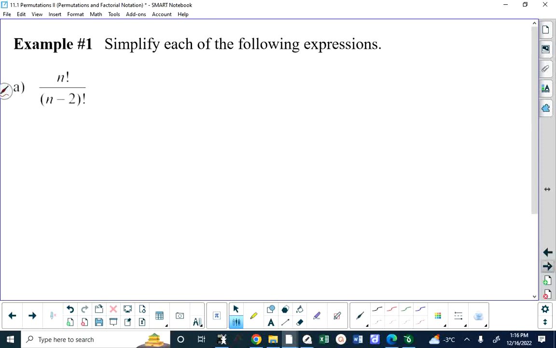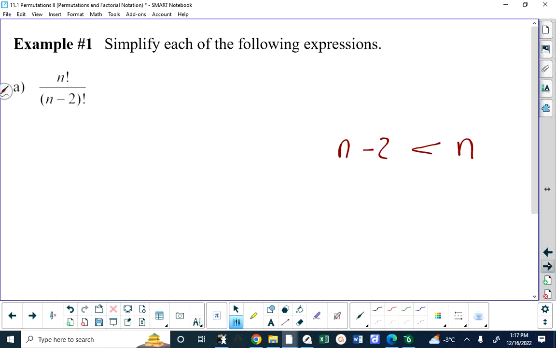So if I said to you, simplify this expression, we do not have numbers to work with. This is a Math 30-1 course. But I know that n minus 2 is smaller than n, right? Which means that n minus 2 factorial must be contained inside of n factorial.